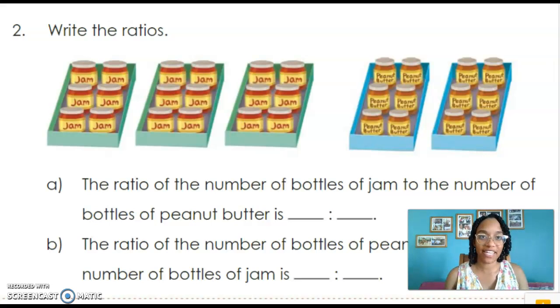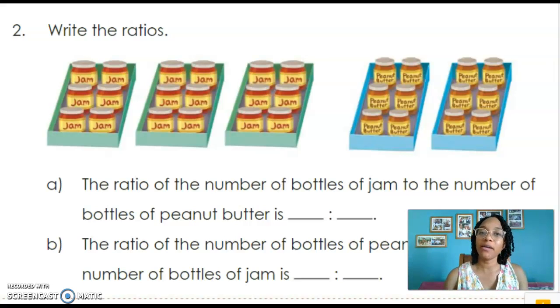Let's start with the factors of 18. 1 times 18 is 18, 2 times 9 is 18, and 3 times 6 is 18. So those are the factors we have to choose from. Let's look at the bigger factors, 6, 9, and 18. Well, 9 and 18 are not factors of 12, but 6 is a factor of 12. 6 is in fact the greatest common factor of 18 and 12.